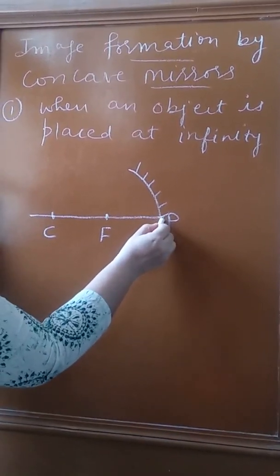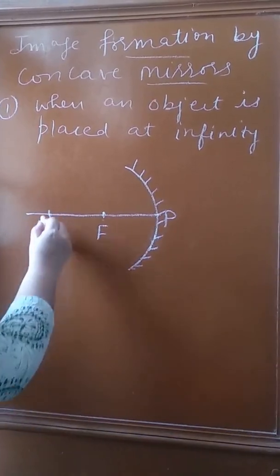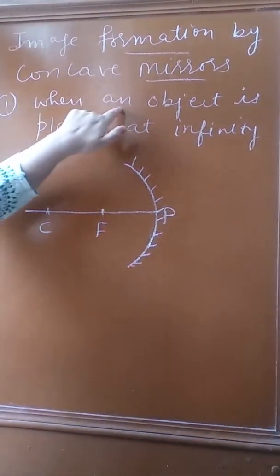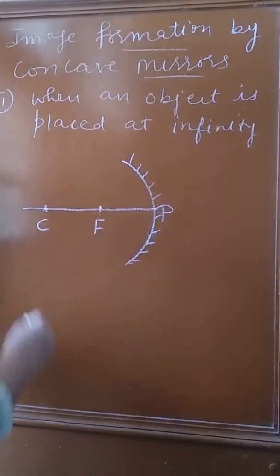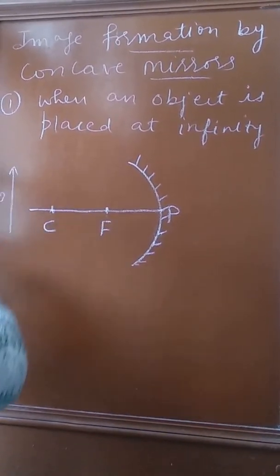The distance of the pole from the focus and the focus from the center of curvature should be equal. Now, the object is placed at infinity.